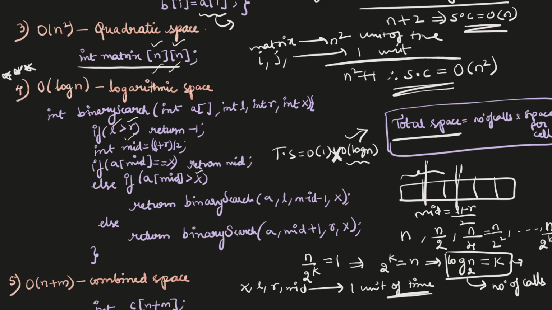Number of times the function has been called, and order of 1 is nothing but for all the integer values, like all the constant values. So that's the reason it would be log n. Therefore, space complexity is order of log n. So this is how you get order of log n for binary search.